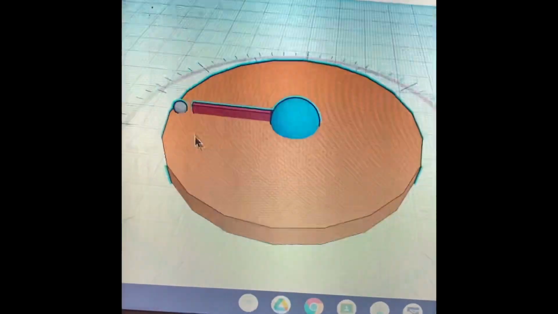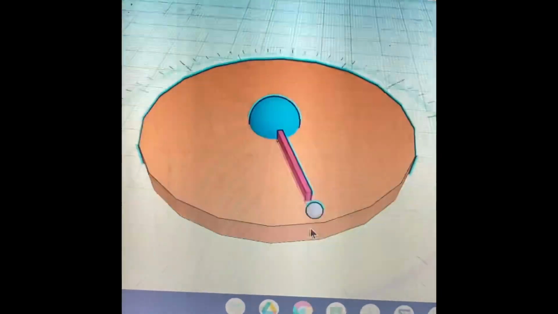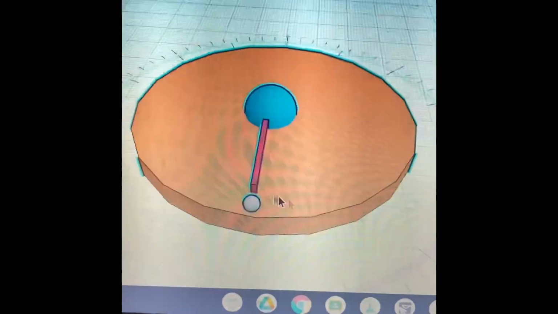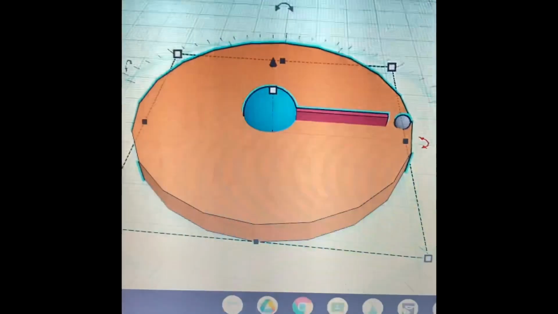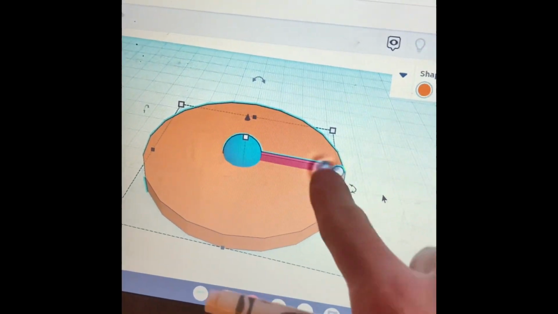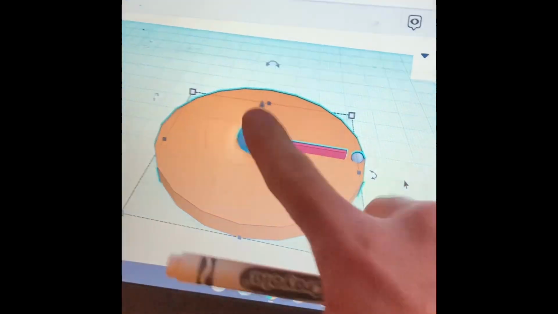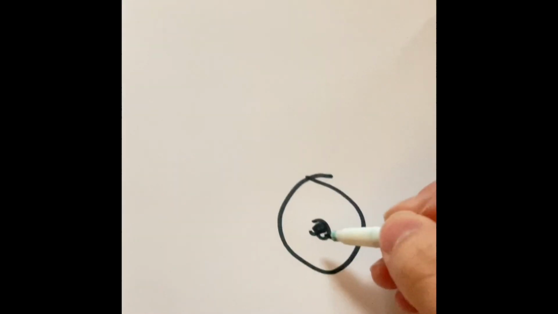The space station is orbiting Earth, but that red line going around in circles is basically the radius of the circle for the orbit. So, when we measure the space station to the ground, we also have to measure inside the planet, because we're looking for the central part of Earth.